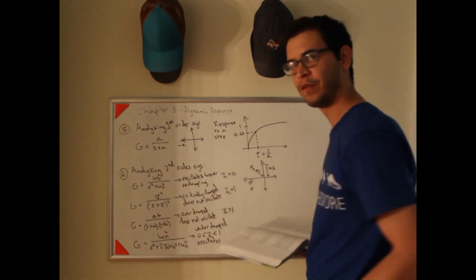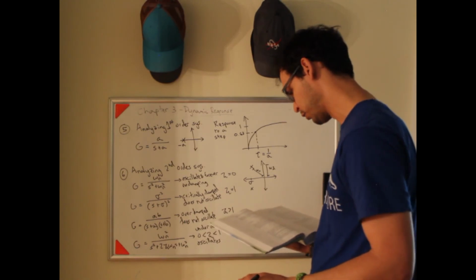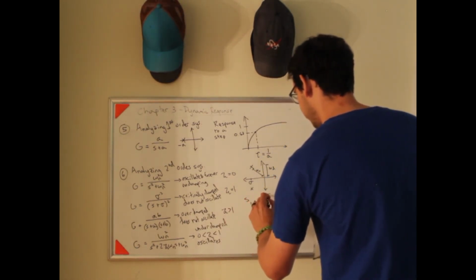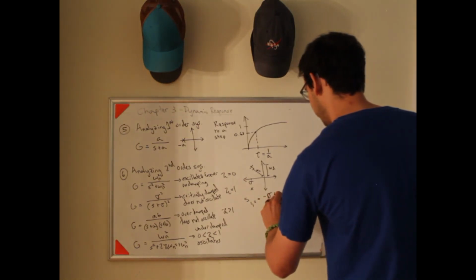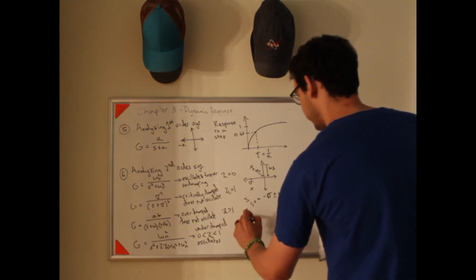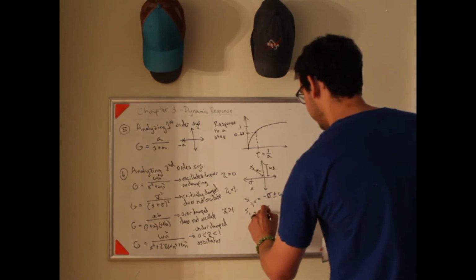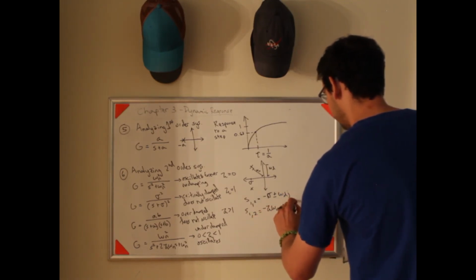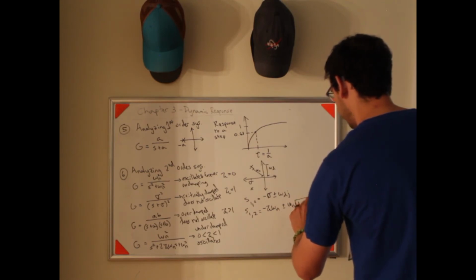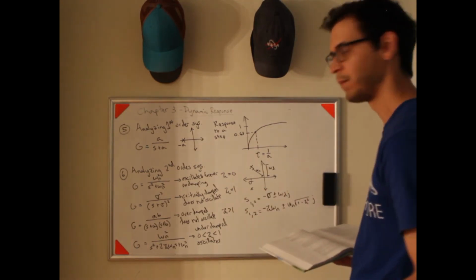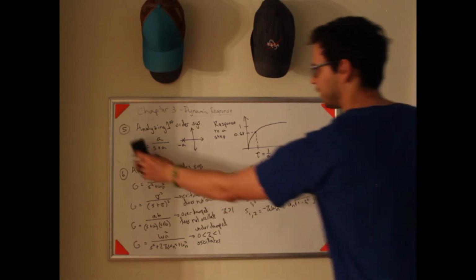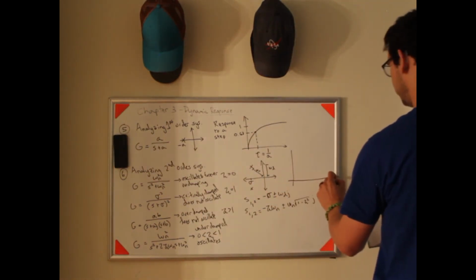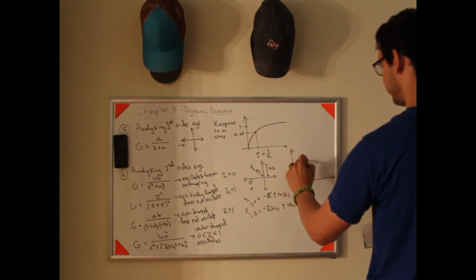The poles, you can find the poles using the quadratic formula, but you basically get the poles are negative sigma plus or minus omega d j, or you can write it as negative zeta omega n plus or minus omega n square root of 1 minus zeta squared j. Those are your poles.